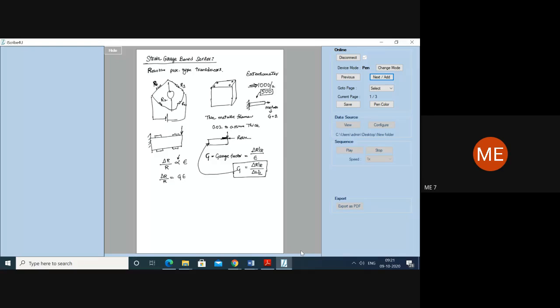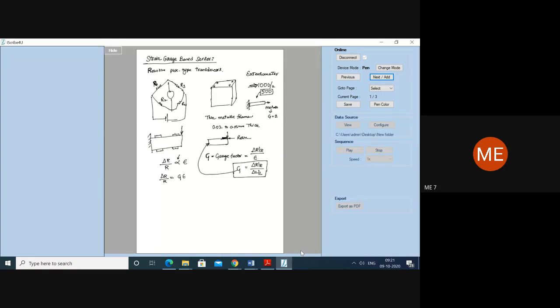Now as we have mentioned, strain gauges are generally used for what? Strain gauges are used to measure displacement. In turn, you can use them to measure forces or torque, etc. Now we will have 2 different types of strain gauges, the wire type or the foil type. Which one do you prefer?